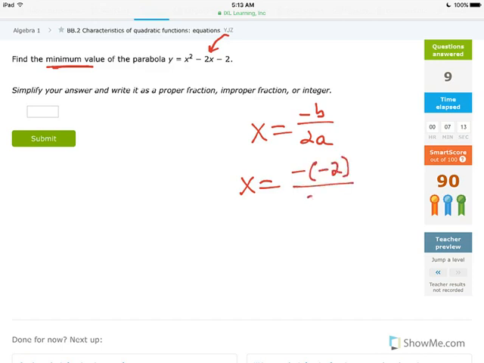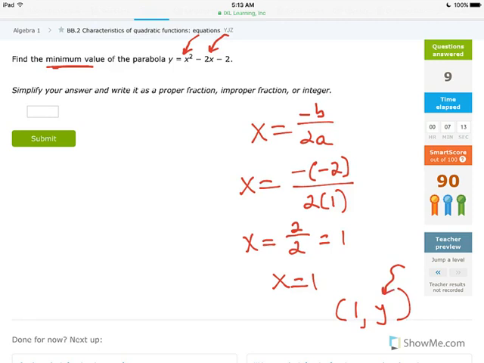All over 2 times the a value. What is the a value? That's going to be 1. And then up top, -2, 2 negatives in a row, that's going to make it positive. 2 over 2, which is 1. So we know as far as the x value, it's going to be 1. So if we were thinking of this as an ordered pair, it's 1 comma something for the y value.